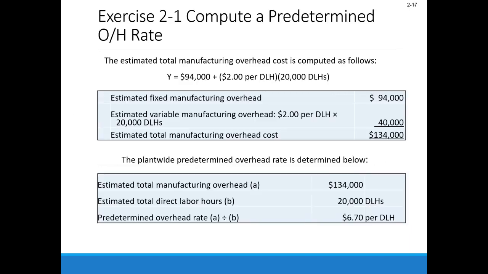You see that $2 per hour times 20,000 estimated direct labor hours. So we've got $134,000 total costs that we're estimating. Divide that by our estimated direct labor hours, gives us $6.70 per direct labor hour. Does that make sense, guys? Estimated divided by estimated.